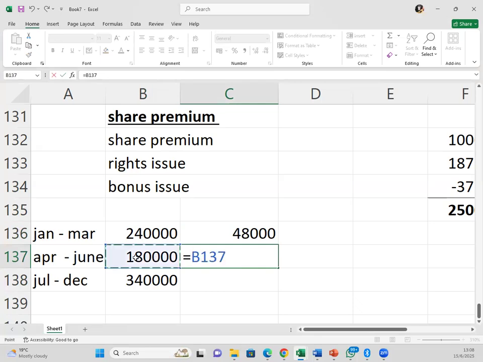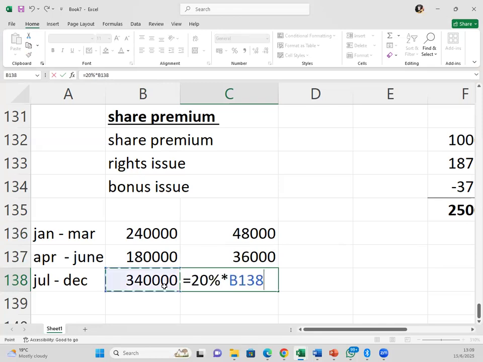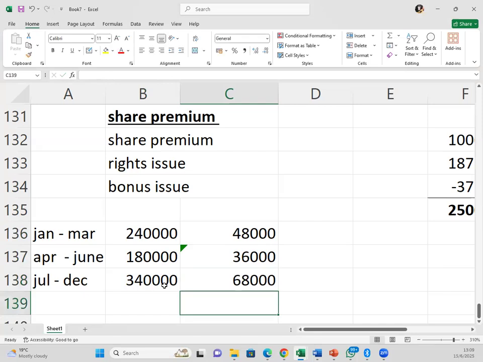Then you say 180 times 20%. That will give you the depreciation for the whole year. Then 20% of 340. That would give you again the depreciation for the whole year. So what we have calculated is the depreciation for the whole year.